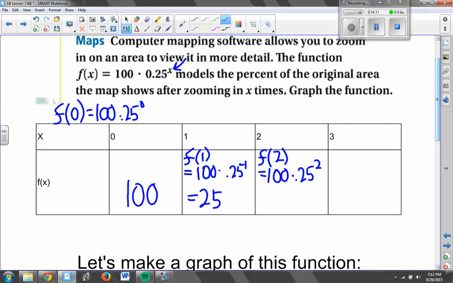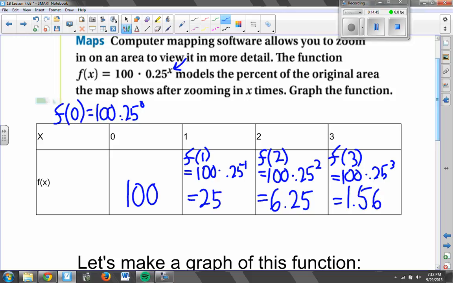That's what we should get, 0.0625. And if we times that by 100, this is going to equal 6.25. And then finally, when x equals 3, f of 3 equals 100 times 0.25 to the third power. If you do that on your calculator, please confirm for me that our answer here is 1.56.